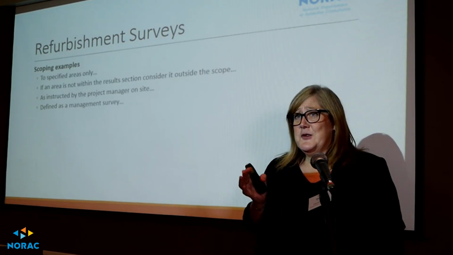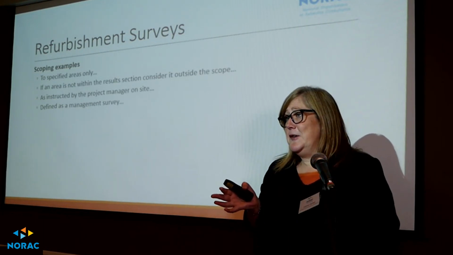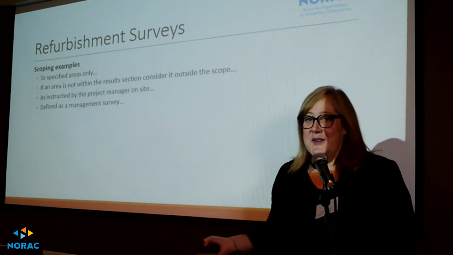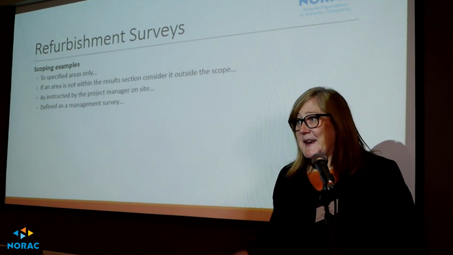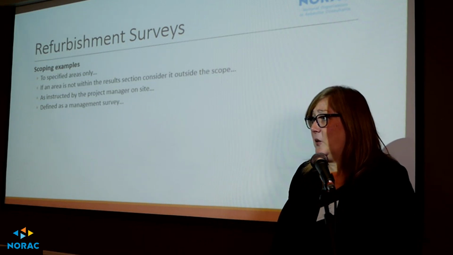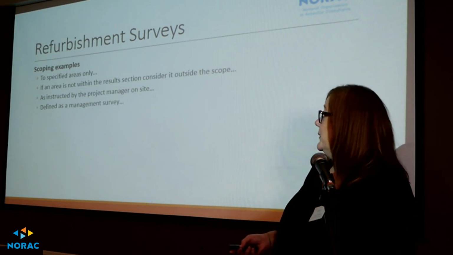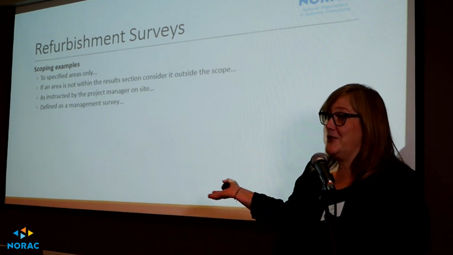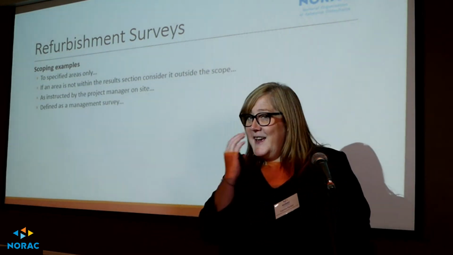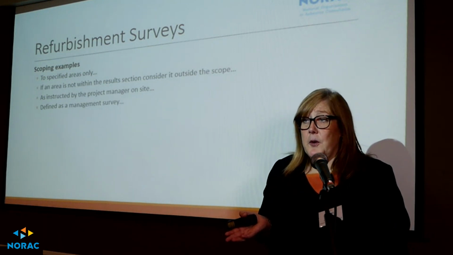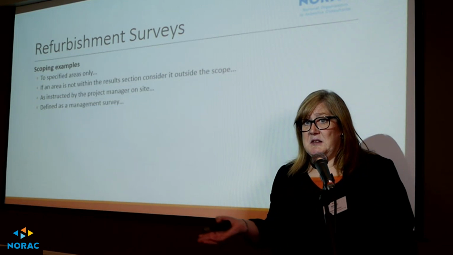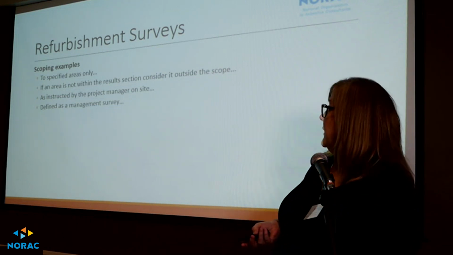So these are real scoping examples from the last 5 years. So it's a refurbishment to specified areas only. Okay, that's great. What were they? If you don't see an area in the report, consider it outside the scope of what we were asked to do, which is great, but what if there was some kind of mistake and it got omitted for data collection reasons, whatever it might be?